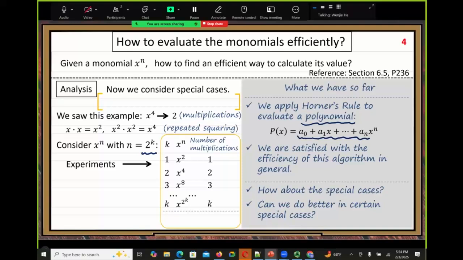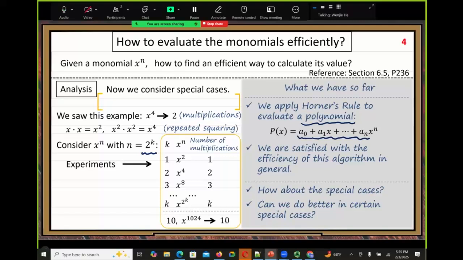If k equals 10, how many multiplications do you need? When k equals 10, n equals 1024. When you calculate x to the 1024, you need 10 multiplications.